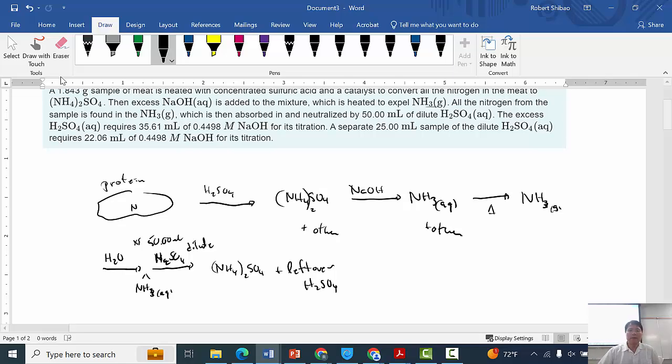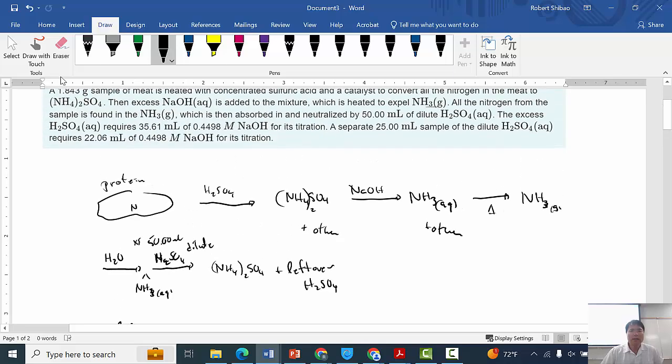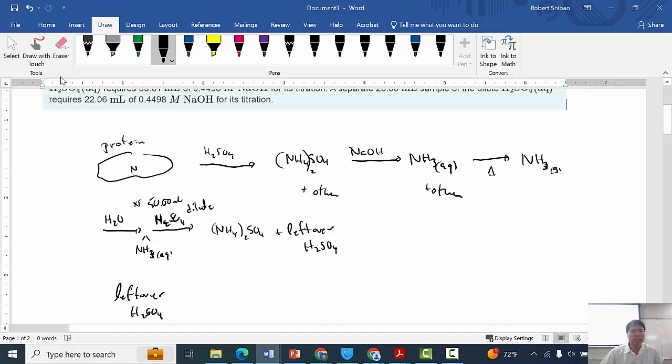Okay, then what they're going to do is take this leftover H2SO4 solution and titrate it. The excess H2SO4 requires 35.61 milliliters of 0.4498 molar sodium hydroxide for its titration.